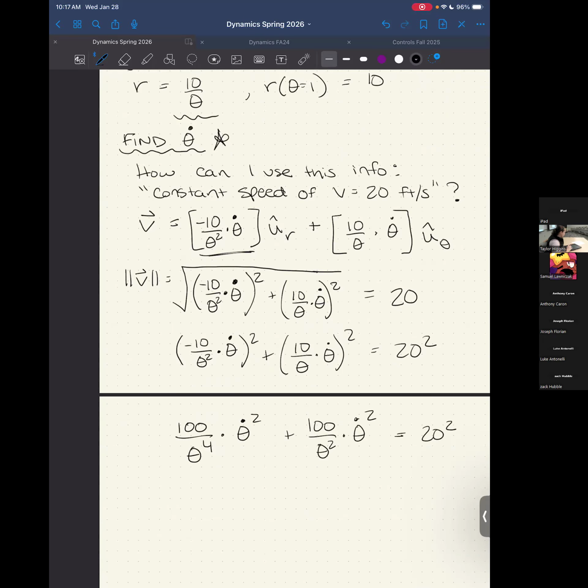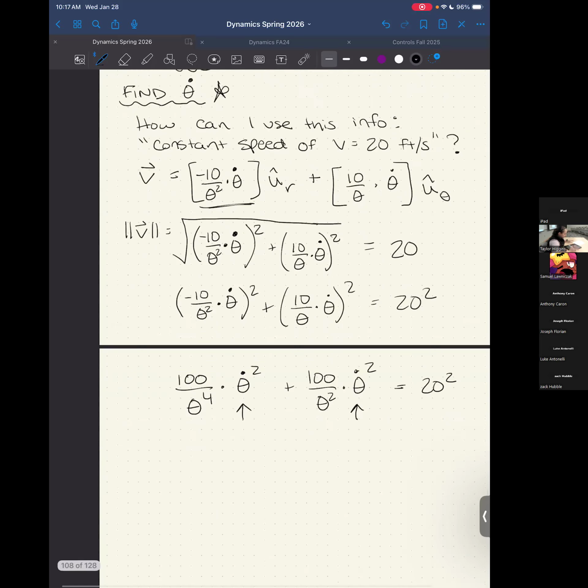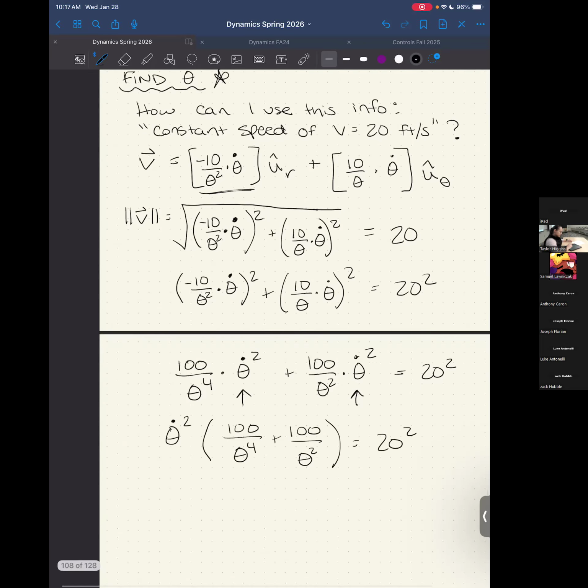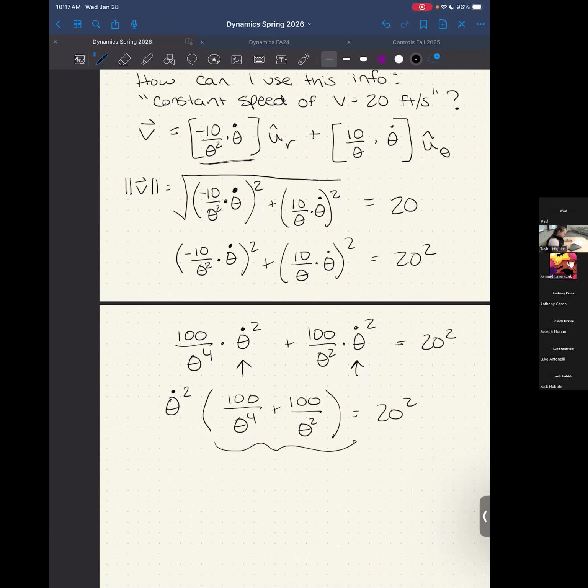Okay, I'm seeing a common term here on the left, so I'm going to factor out my theta dot squared. This will be theta dot squared times 100 over theta to the fourth plus 100 over theta squared equals 20 squared. Now I can bring this term over to the right-hand side.